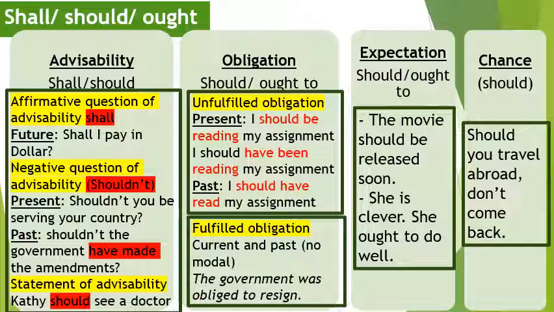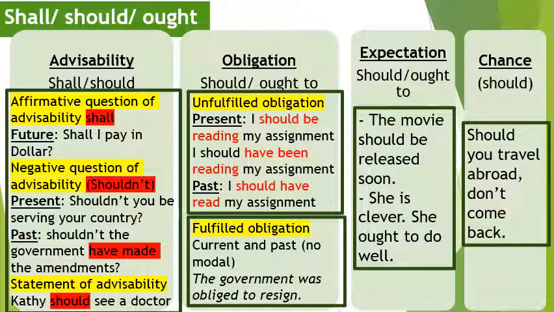As to the past obligation, I should have read my assignment. Instead, for instance, something in the past, you wasted your time, like when we said with can or could, and you were supposed to read your assignment instead of wasting your time. The next one is fulfilled obligation.